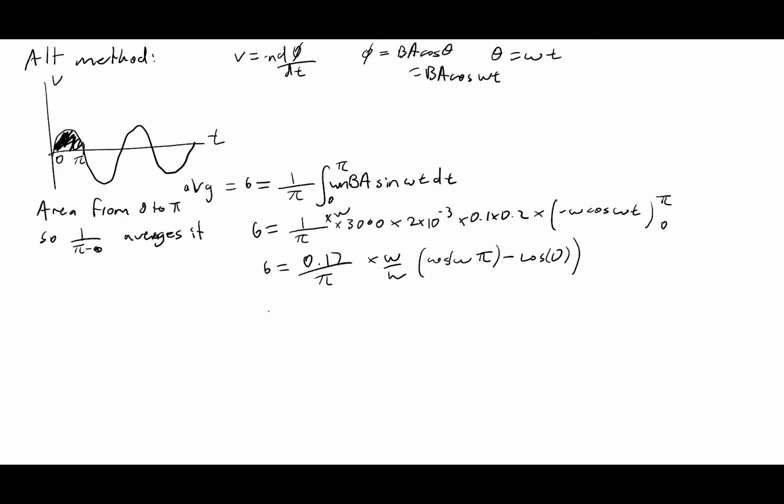Okay, so we have 6 pi over 0.12 equals cos... I can't quite remember. The bounds would be modified by omega.